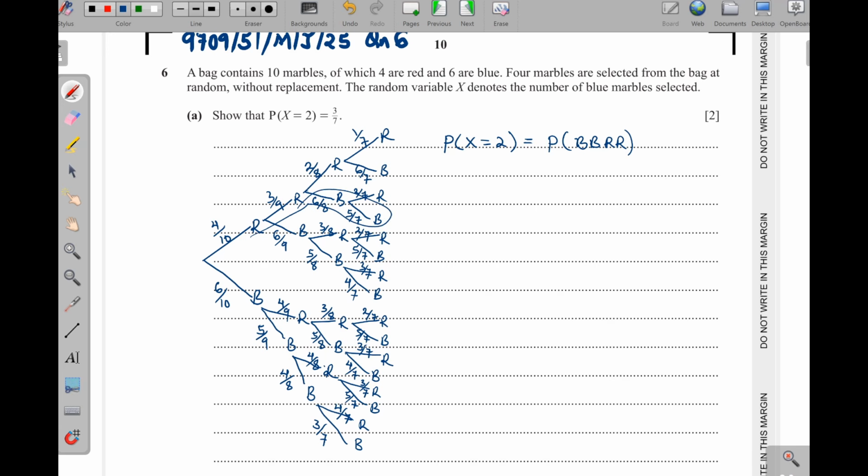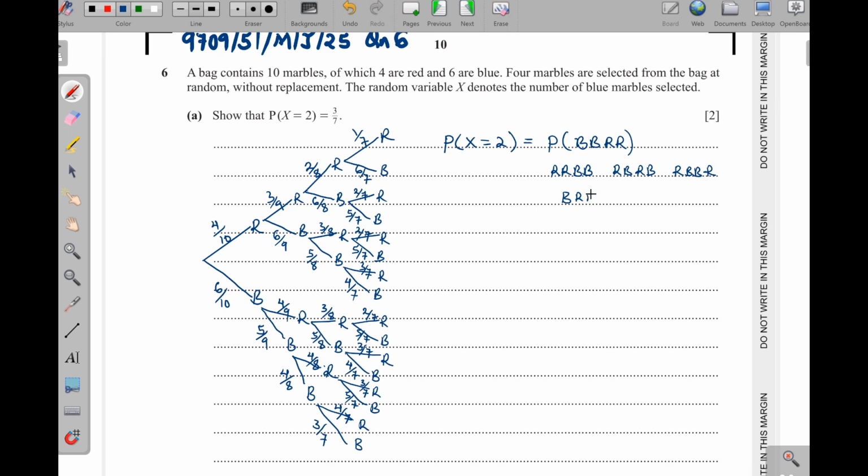Red, blue. Red, blue. You see that? Then there is red, blue. Red, blue. Then there is red, blue, red. You see that? Red, blue, red. Then there is blue, red, blue.